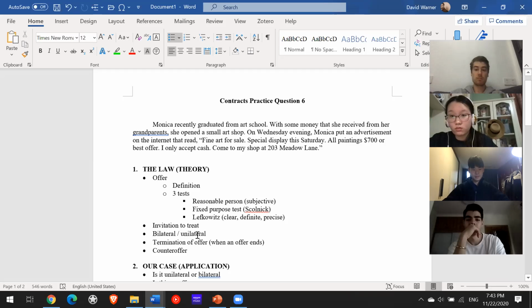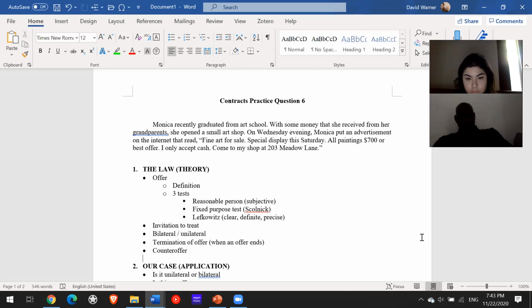In that sense, I think you're saying unilateral, like the smoke ball case, right? That was an offer made to anybody in the world who gets that newspaper. And this is an offer made to anybody in the world who sees the internet. But that's not really what makes it unilateral or bilateral. Can someone tell me the definition of these things? What does it mean to be bilateral or unilateral?